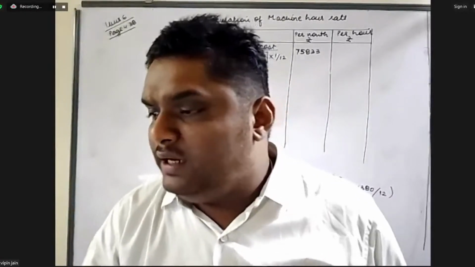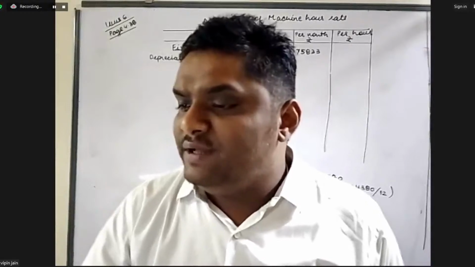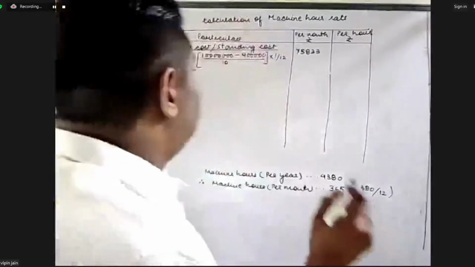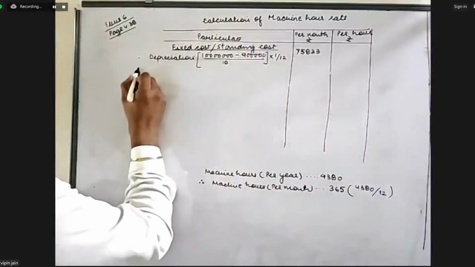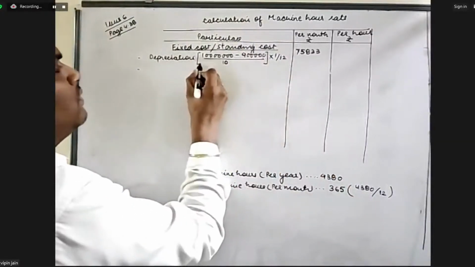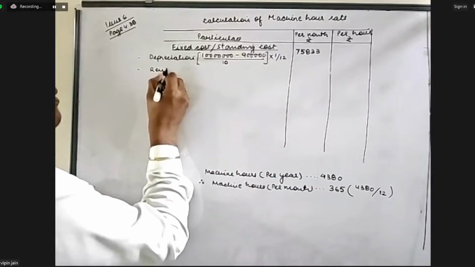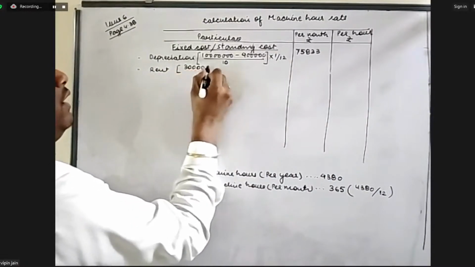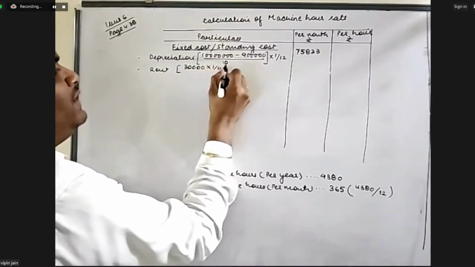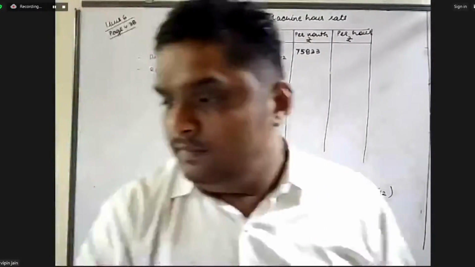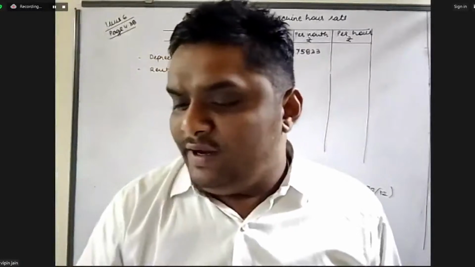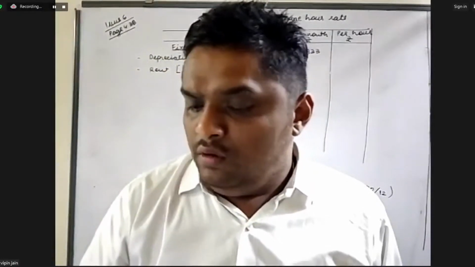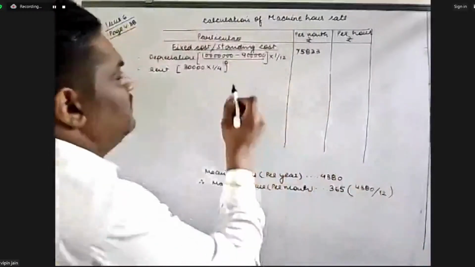So they are talking about the rent, and the monthly rent is given, that is 30,000, and it occupies 1/4 area of the factory. So 30,000 divided by 4 will get 7,500.